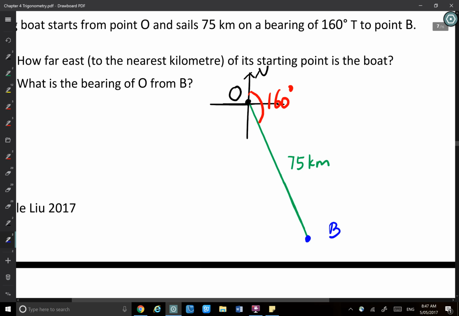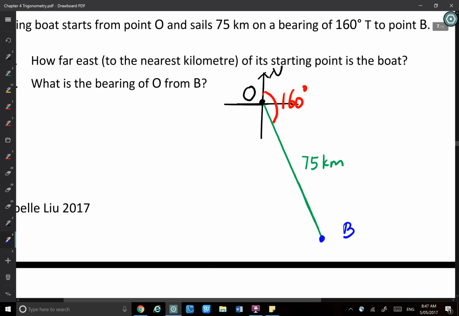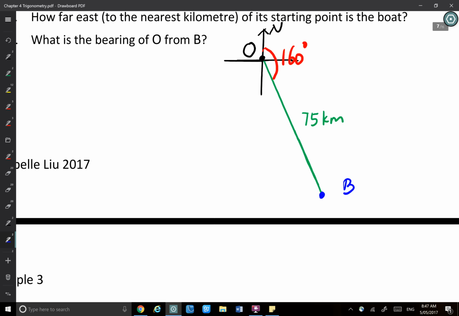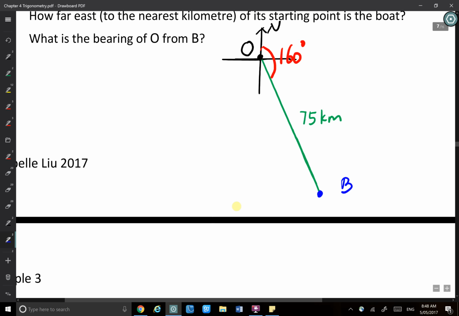First question is, how far east to the nearest kilometer of its starting point is this boat? So compared to point O, how far east has point B moved? This boat moves in the southeast direction, right? It moves somehow to the east and somehow to the south. Compared to the original position, let's extend this a little bit longer and draw a vertical line here.